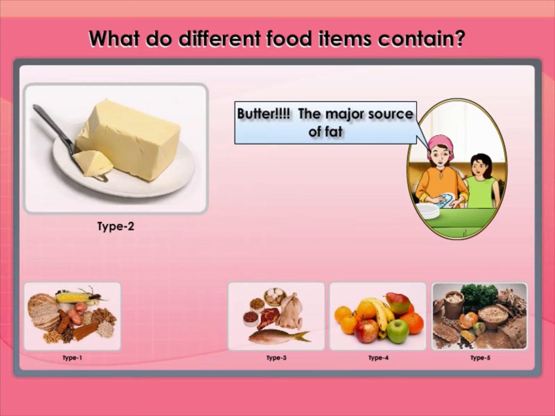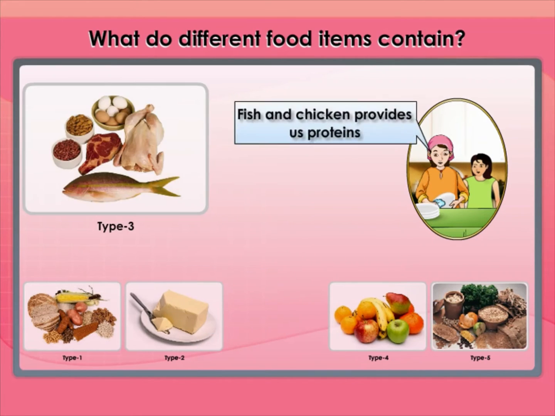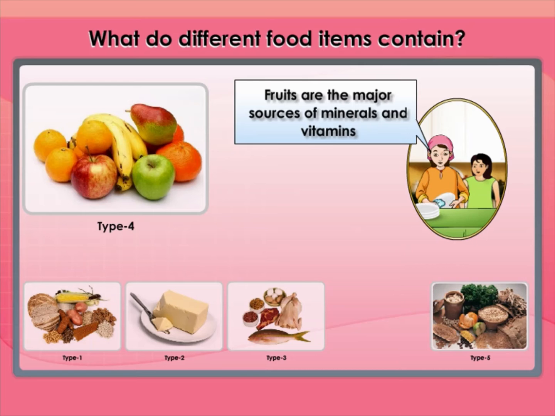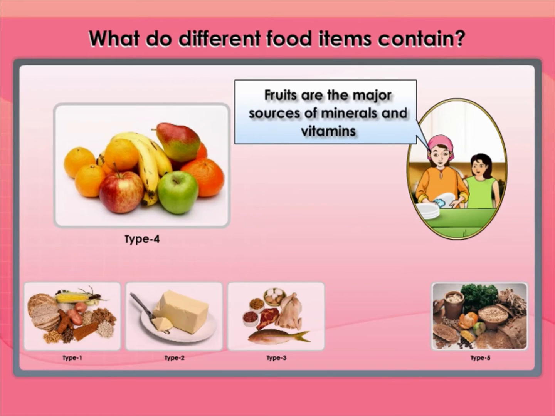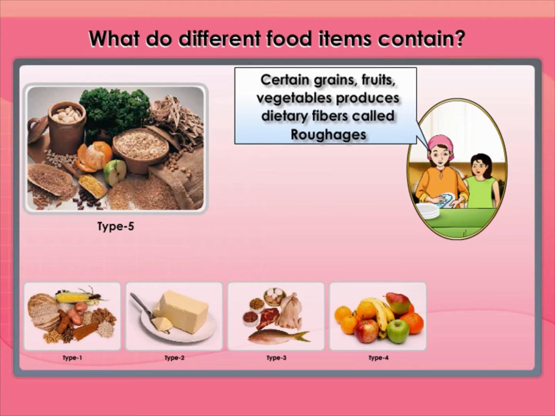Butter is the major source of fat. Fish and chicken provide us proteins. Fruits are the major source of minerals and vitamins. Certain grains, fruits and vegetables produce dietary fibers called roughage.